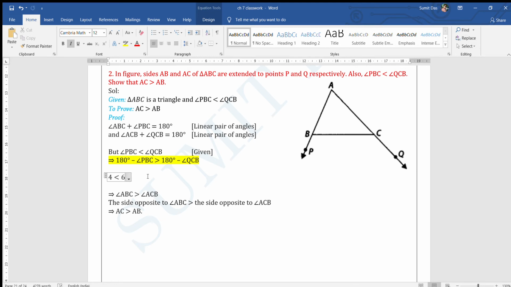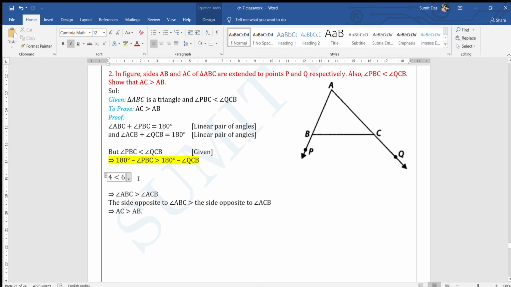When we are doing addition, no problem. But when we are doing subtraction, we have to remember that, and also when we are doing multiplication and like this.